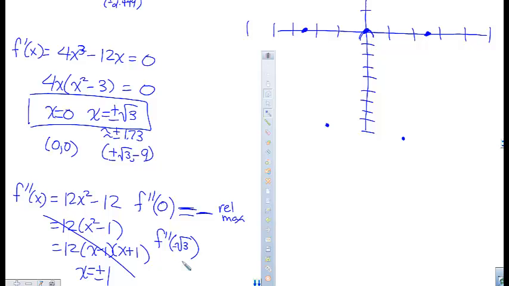That's going to be positive, which says we have a relative min. At negative square root 3, I'm going to have a relative min here. And then I think the same thing is going to happen for positive square root 3, right? Yes. Okay. So we have a relative min here as well.